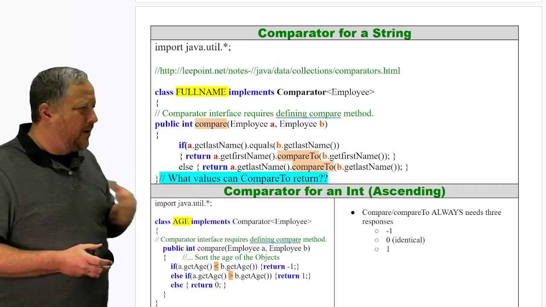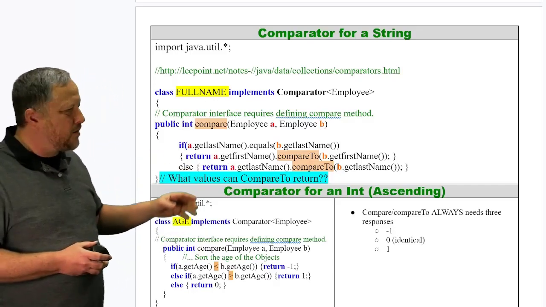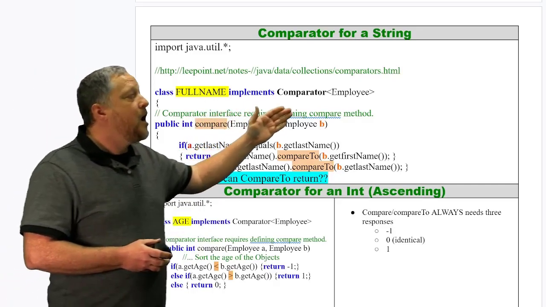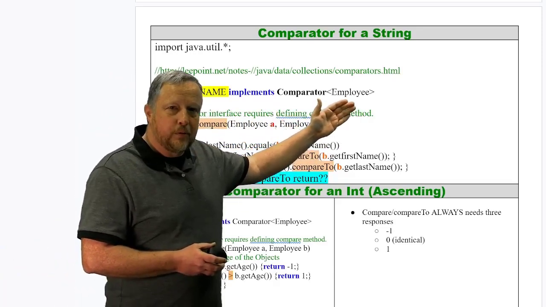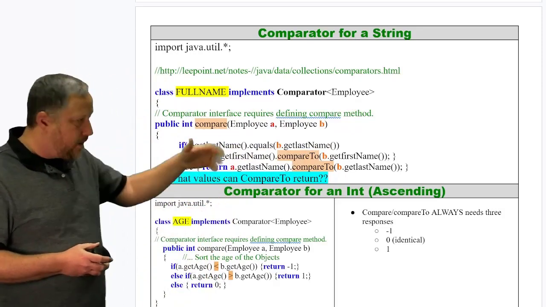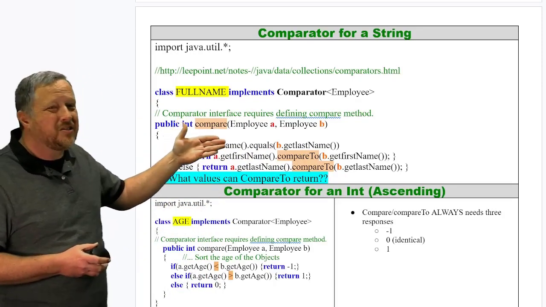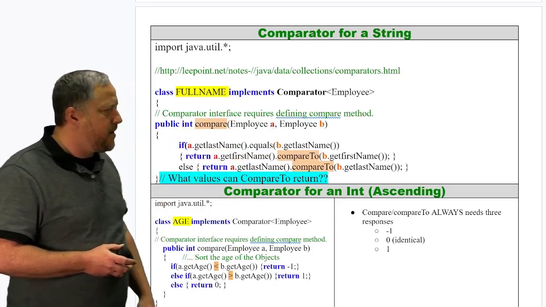I put it in capital letters, really honestly, for me, you don't have to do that, but you'll see where I use that a little bit later on. Implements a comparator, and this is how we tie it to an employee, saying, hey, when I use the employee, this is what we're going to be using in order to compare. Notice it doesn't say compare to. It says compare employee A and employee B.